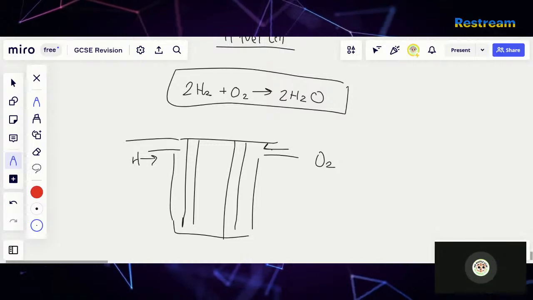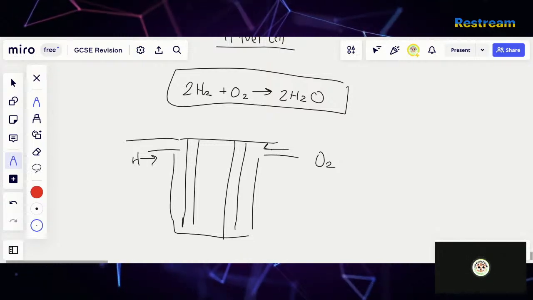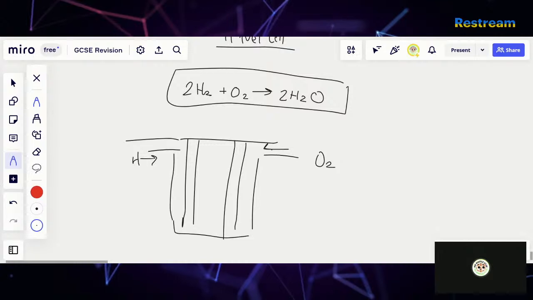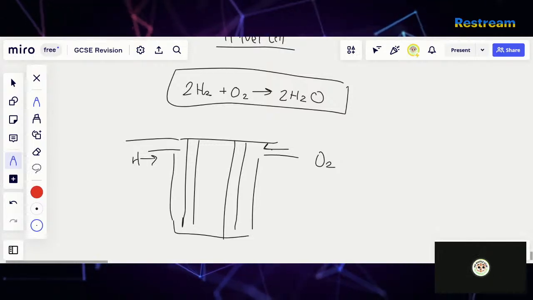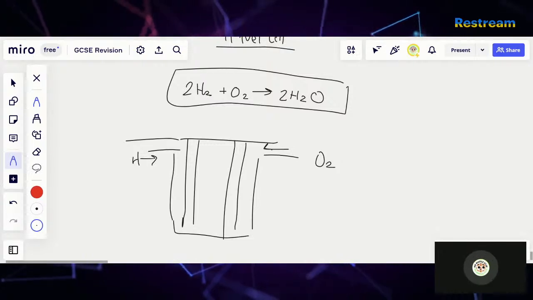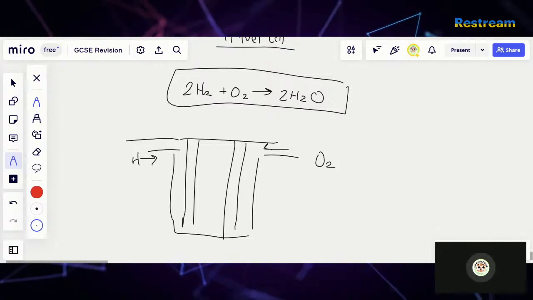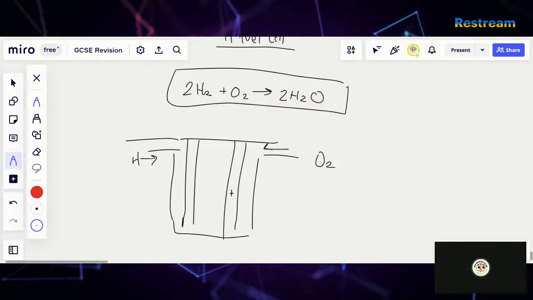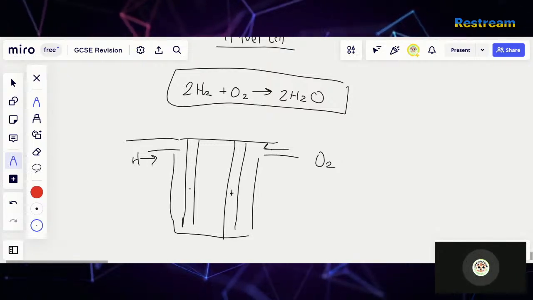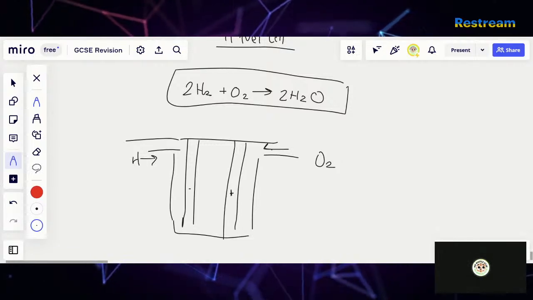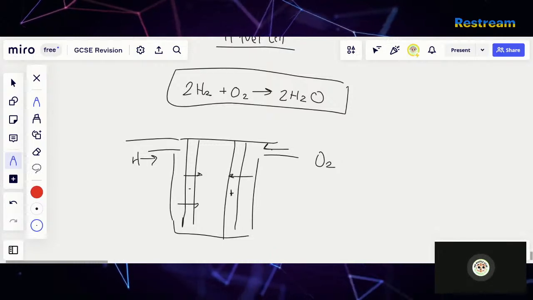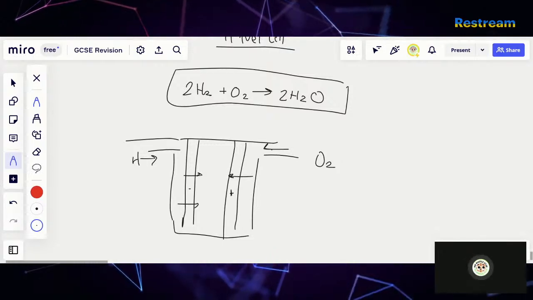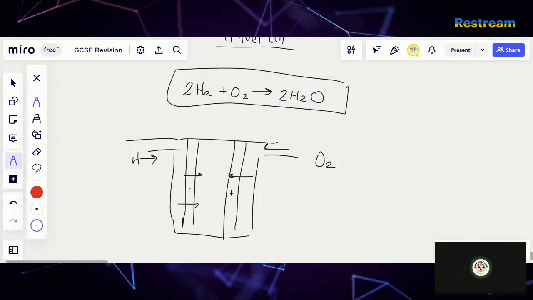So what that then means is that one will have to be positive and one will have to be negative. Now they're both gases, so they're both actually non-metals. However, one will be positive. So the oxygen will go through the positive and the hydrogen will go through the negative. They will then become the elements they are and then react again. So similar to an electrolysis reaction.